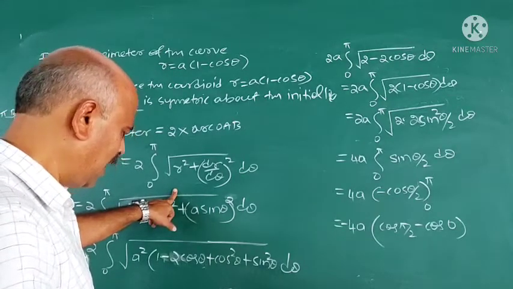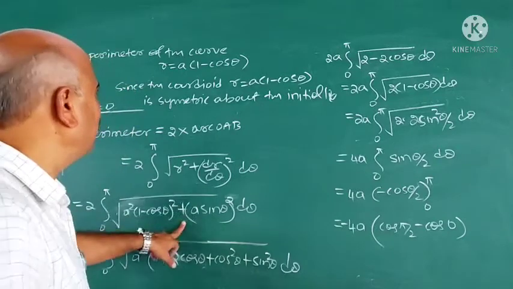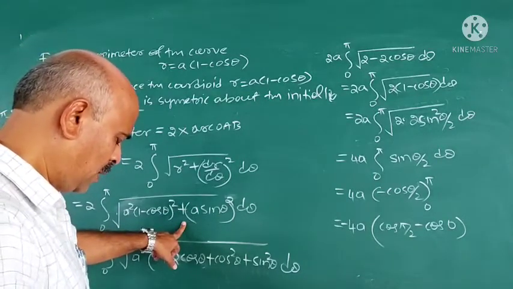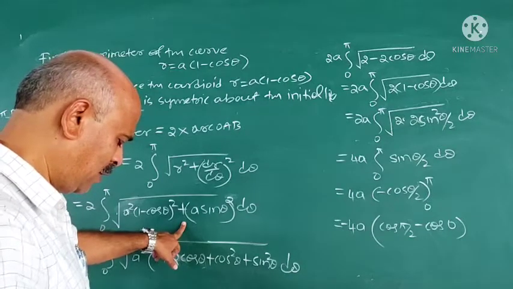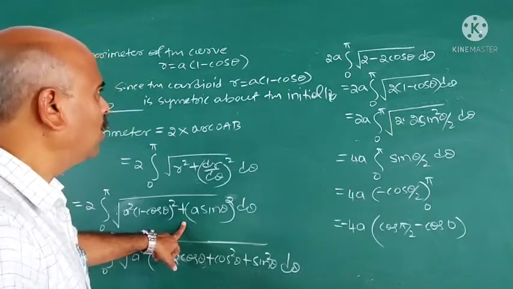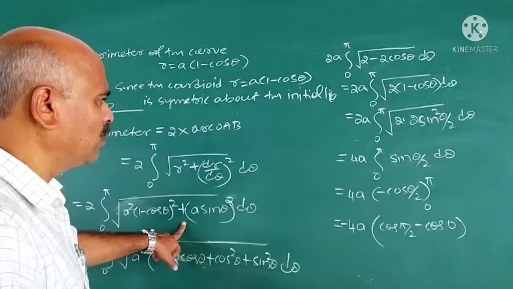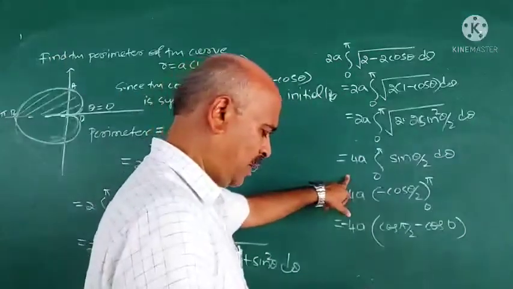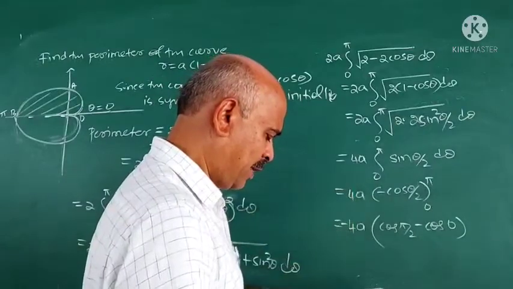How to simplify this? What is dr/dθ? dr/dθ is a sin θ, so a squared sin squared θ, and 4a squared sin squared θ/2. Therefore 4a integral 0 to π sin θ/2.